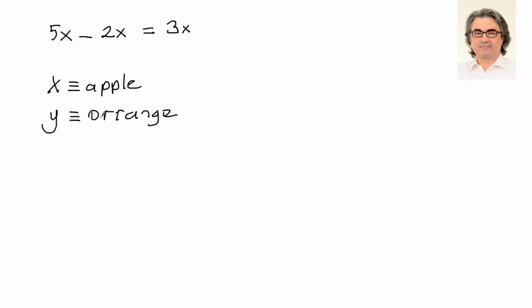Your answer? It's very easy, huh? In total, I have 2 apples and 3 oranges. There is no change in the number of apples and oranges. Now let's write this real-life example mathematically. Now I have 2x, it means 2 apples, and 3y, 3 times y, it means I have 3 oranges.